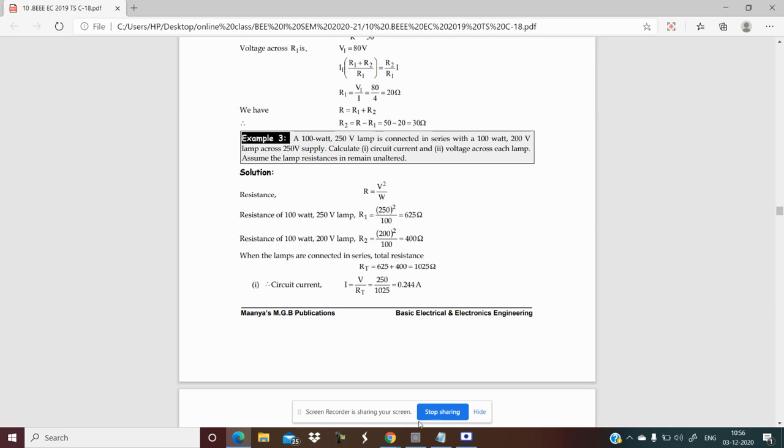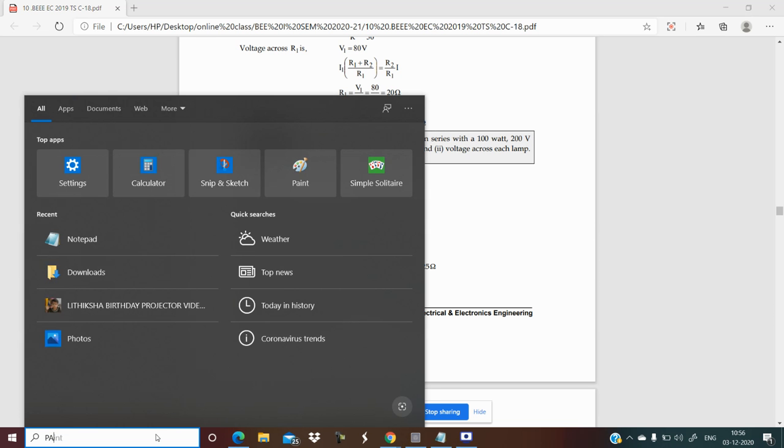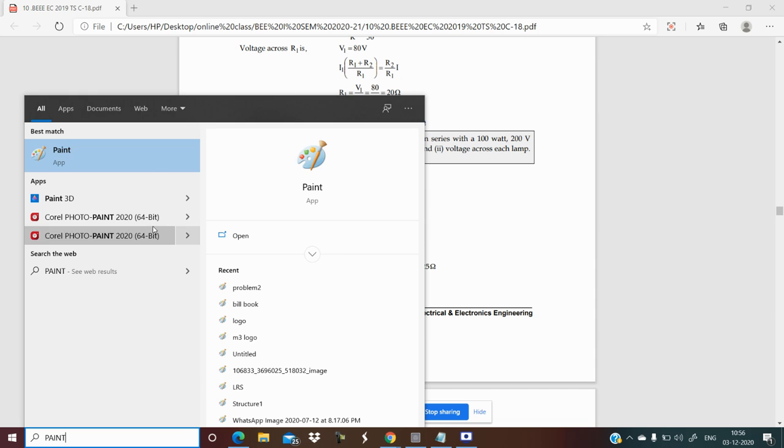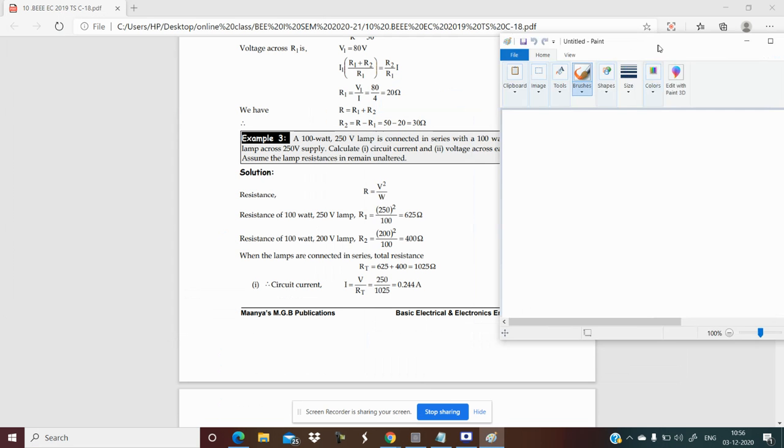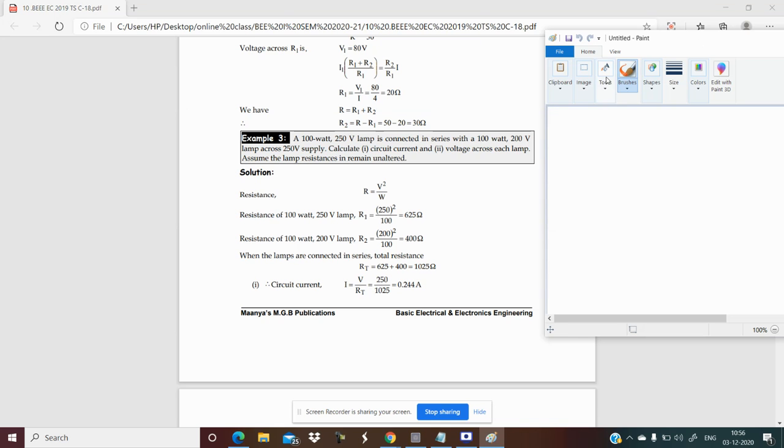So here there are two lamps connected in series, lamp 1 and lamp 2.